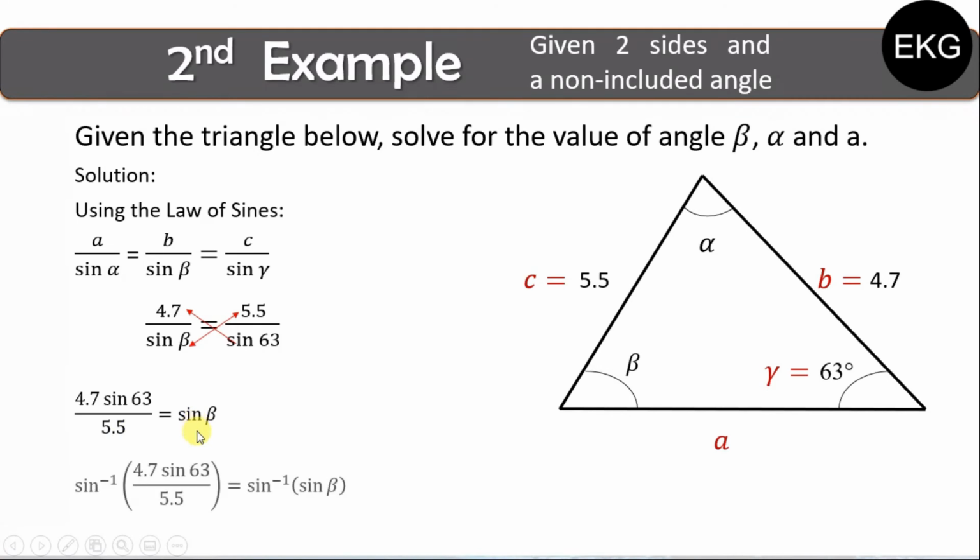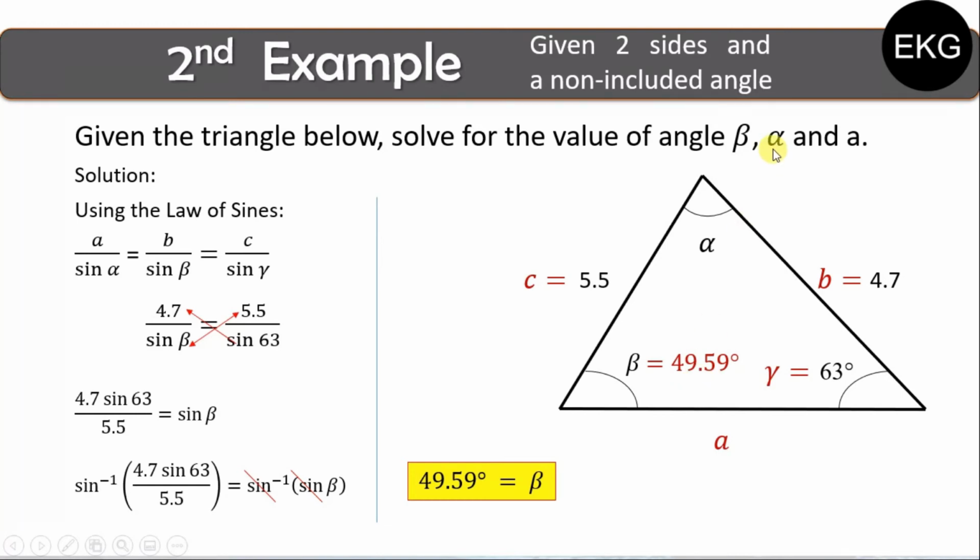Take the inverse trigonometric function ng sine, para matira na lang dito is beta na lang. So, arc sine ng makukuha mo dito, okay, will result on the value of beta, which is 49.59 degrees. So, ito palang value na to is 49.59 degrees.